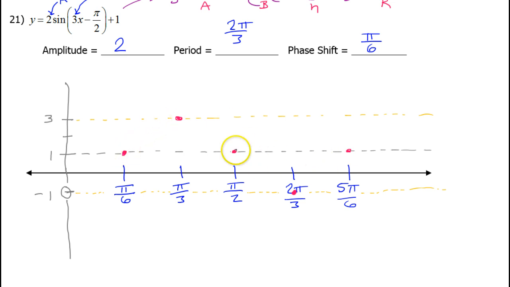So these 5 dots are what I'll be grading, and they will guide you in your sketch, which should look something vaguely like this. Alright, so that is one period of this particular sine function.